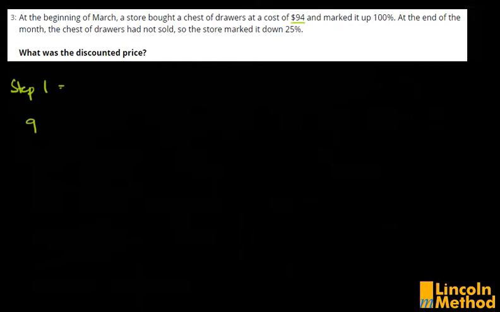So 94 multiplied by 100 over 100. Or in fact, I'll write it down as 100 over 100 multiplied by 94, the other way around, since we've been solving questions in this way. This shouldn't confuse you. Now this is easy.